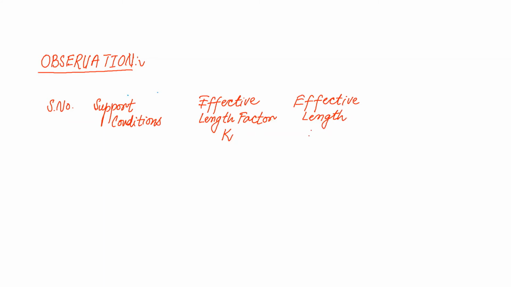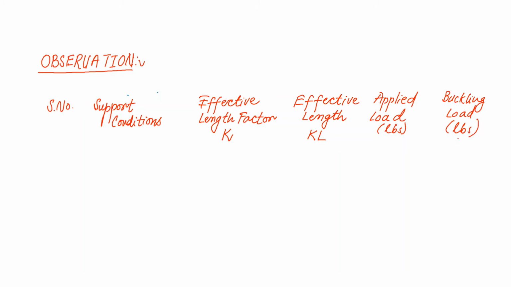So it is K into L. Then we have the applied load, whatever load you are applying on the strut apparatus. The applied load is in lbs. And then you have the buckling load, which is also in lbs.